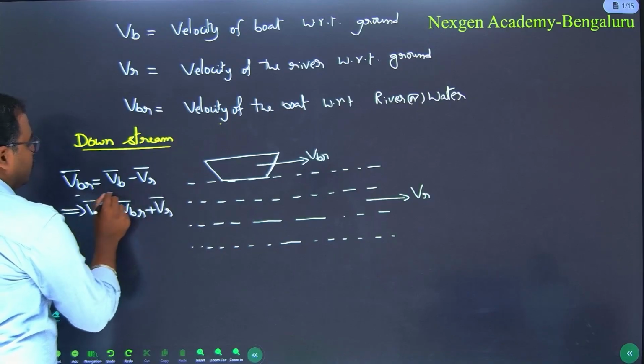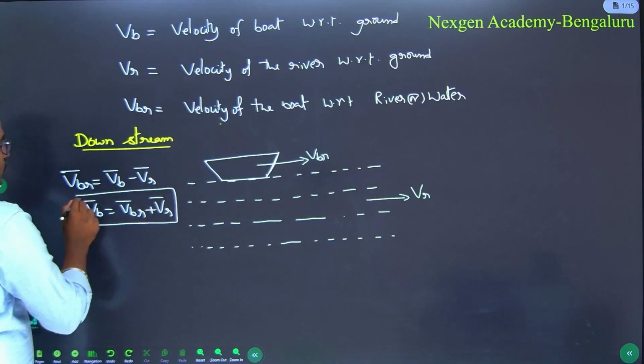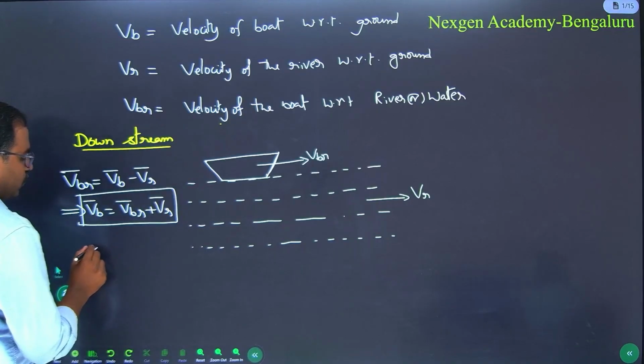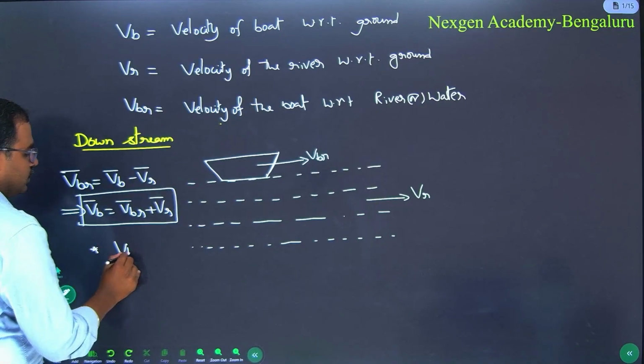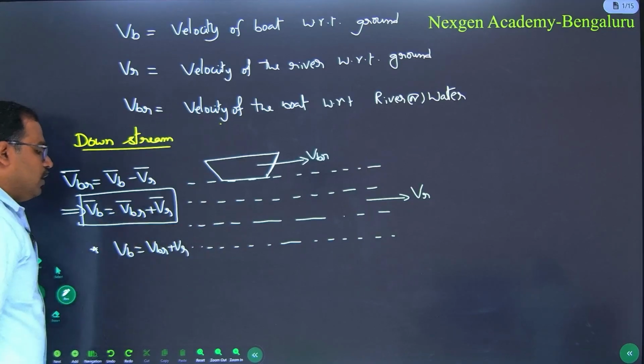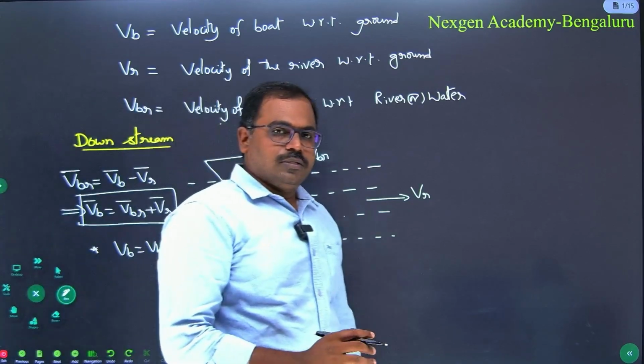This is the velocity of the boat with respect to ground, downstream. As these two are in the same direction, we can write VB is equal to VBR plus VR. So velocities should be added.